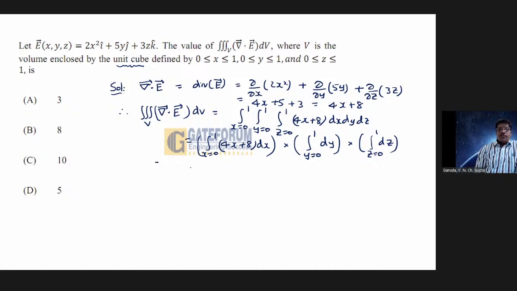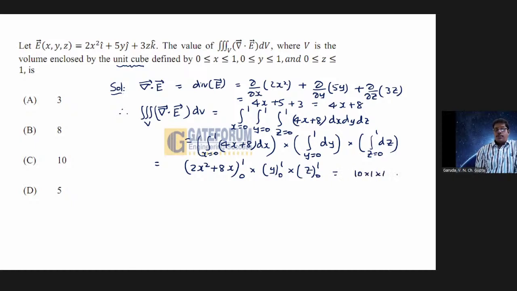This is just a property from the double integrals, triple integrals, multiple integrals chapter. So with respect to x, the integration of 4x is 2x square, since x square by 2 times 4 simplifies to 2. The integration of constant 8 is 8x, between the limits 0 to 1, into the integral of dy, which is y between the limits 0 to 1, into the integral of dz, which is z between the limits 0 to 1. So 2 plus 8 simplifies to 10, into 1 into 1, 10. So the answer is 10.